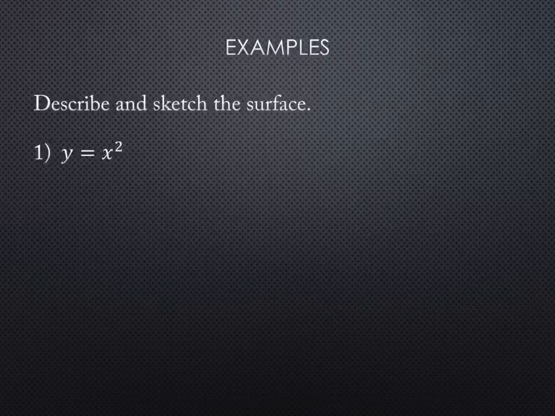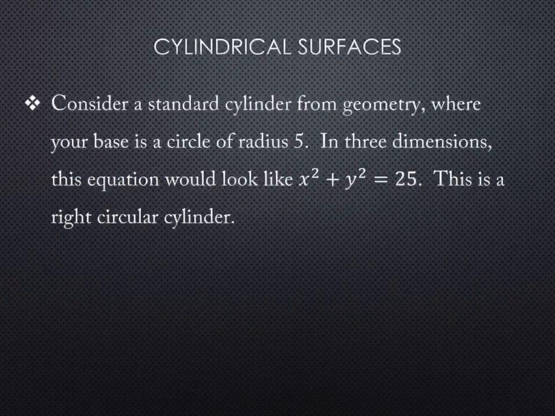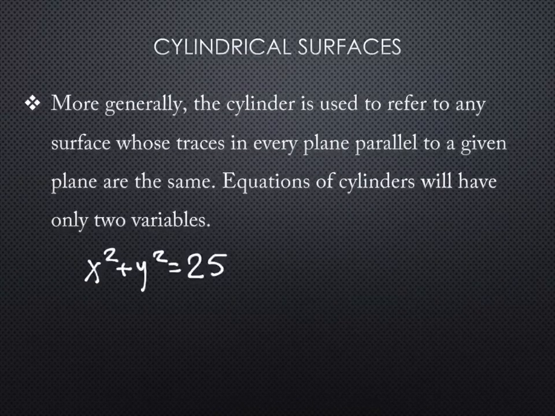The first one that we did, I'll flip back over there. The cylindrical surfaces. This was an example of one. There was one example, x squared plus y squared equals 25. So would it be a hyperbolic paraboloid? Nope.